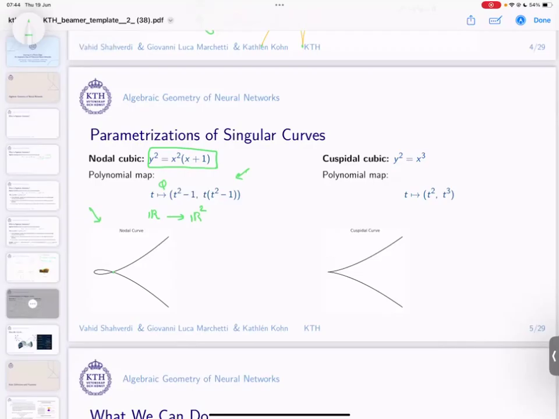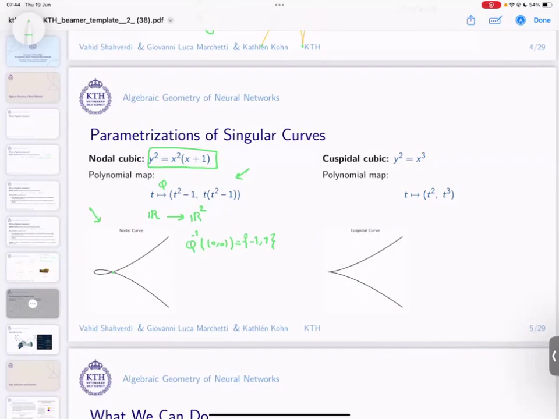So we want to see what's the reason behind this. This parameterization is injective almost everywhere, except when I look at phi inverse of the origin, it consists of 2 points, -1 and 1. The preimage of every other point is unique.